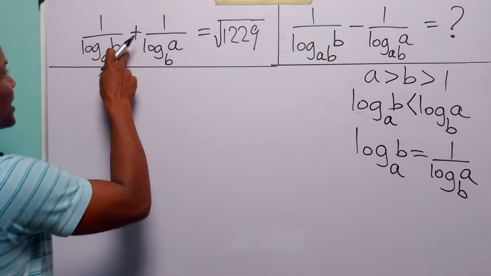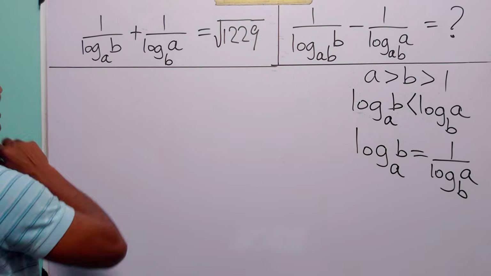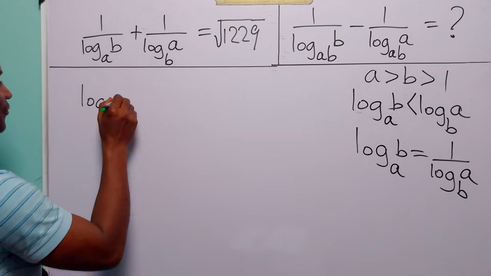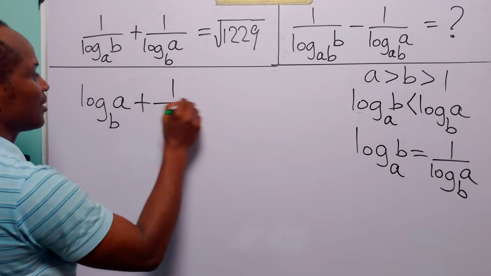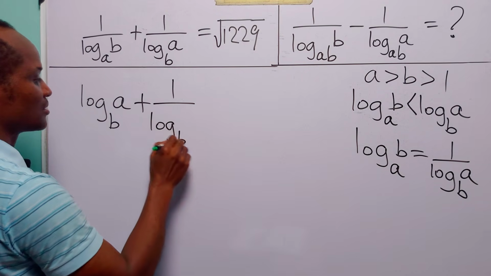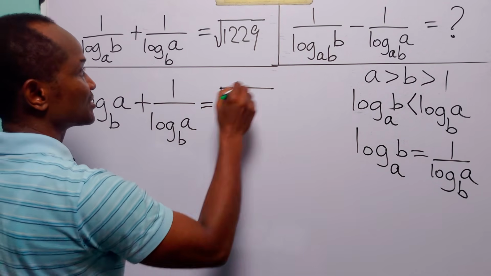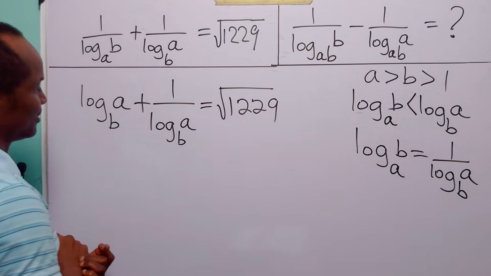Now, when we apply this identity to the first term, we can write this as log to base B of A. Here we have 1 over log to base B of A, and this is equal to the square root of 1229.